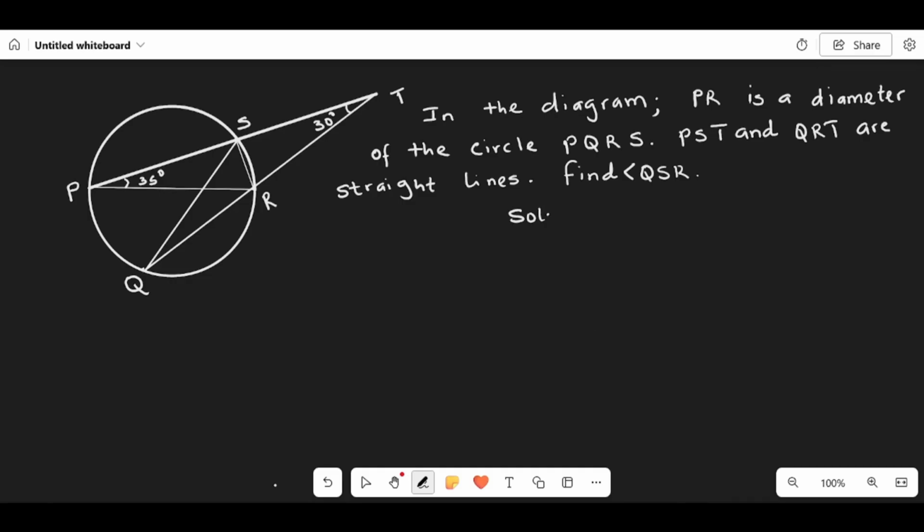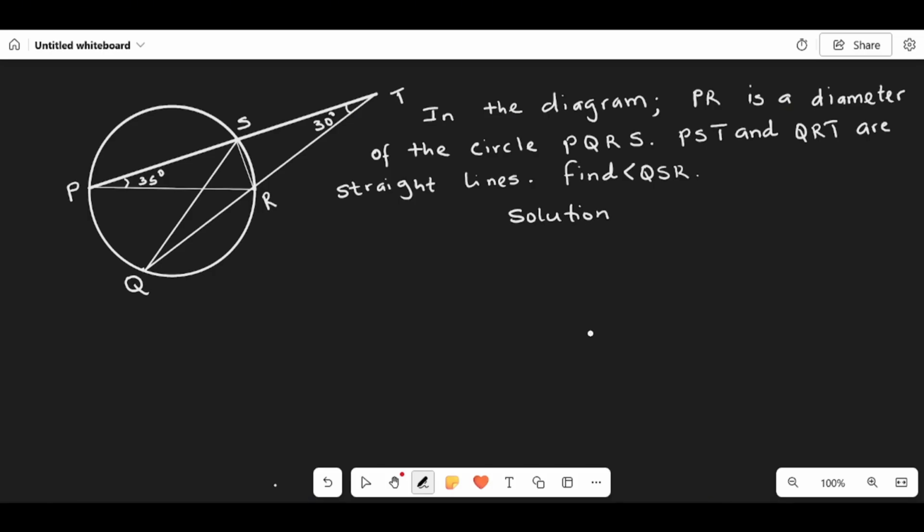Solution: in the question, it is given to us that our line PR is a diameter. Since our line PR is a diameter, angle PSR is an angle in a semicircle.